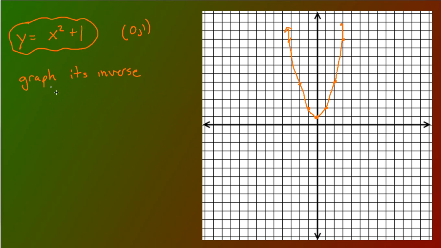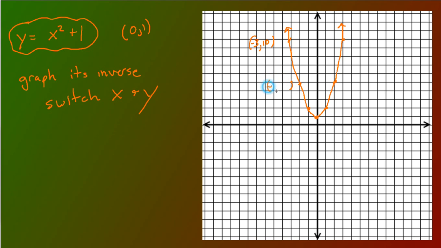Okay, now, how do I graph an inverse? Well, remember, what do we do to find inverses? We switch x and y. So that's what I'm going to do. I find some points on here that I can switch x and y with. So let's get our ordered pairs. So this is the point -3, 10.